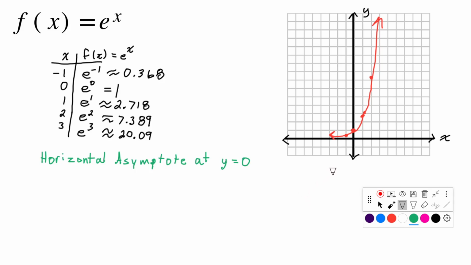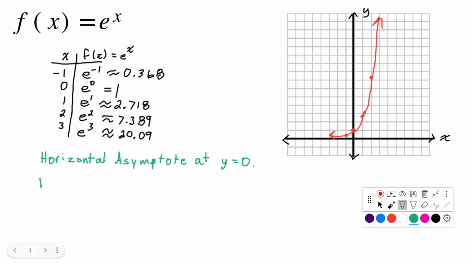We also have a domain. I could use any value of x. If you notice, I put arrows on the ends of my curves, so that means it's going to continue to climb up but also get wider. This is going to continue in the negative direction, off into infinity. So our domain, if we write this using interval notation, will be negative infinity to infinity.